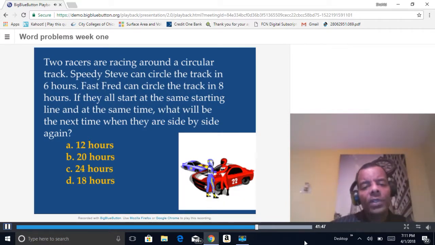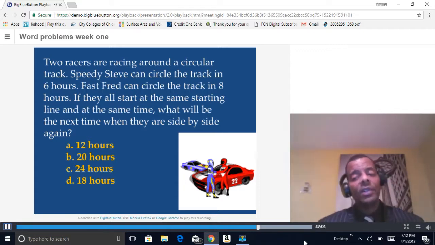Two racers are racing around a circular track. Speedy Steve can circle the track in 6 hours. Fast Fred can circle the track in 8 hours. Now, this actually, my students, is a good example of where a diagram or sketch would help.